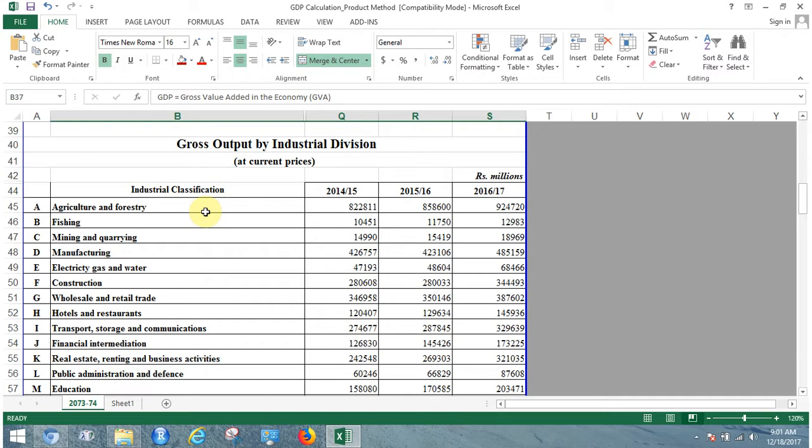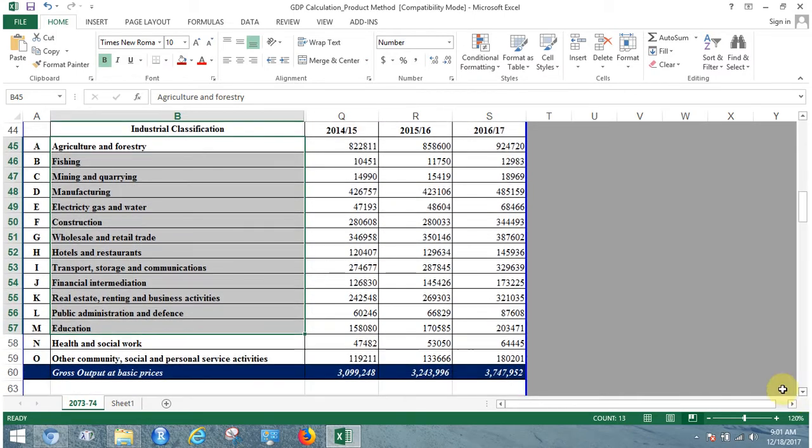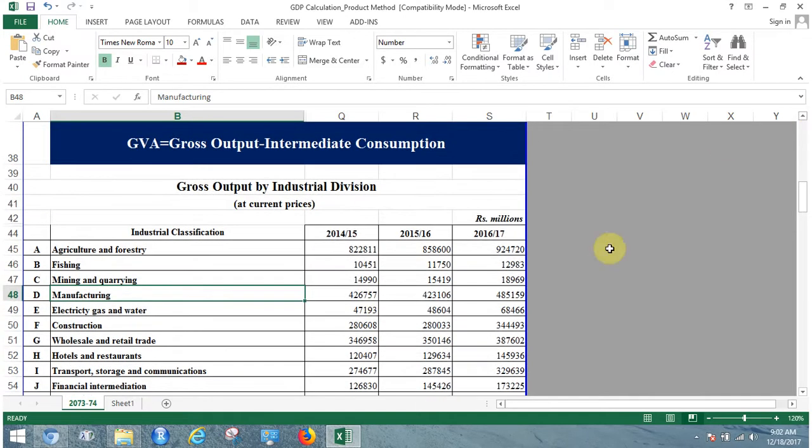In case of Nepal, to calculate the gross domestic product, the economic activities are categorized under 15 headings, starting from agriculture and forestry to other community, social and personal service activities. So these are the standard industrial classification groups. The first table shows the gross output of these 15 subsectors, in millions of Nepalese rupees.